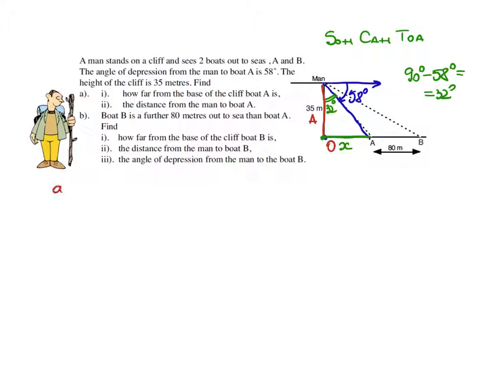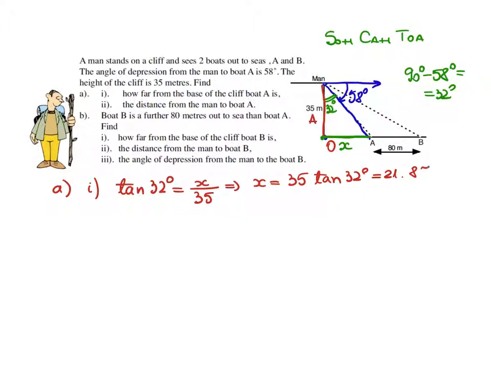So for question one, we will use tan 32 degrees equals x over 35. So x is 35 times tan 32 degrees, which will give me 21.87 meters. I take two decimal places.